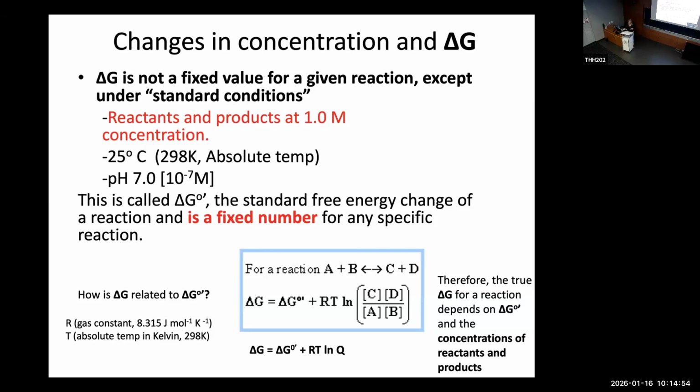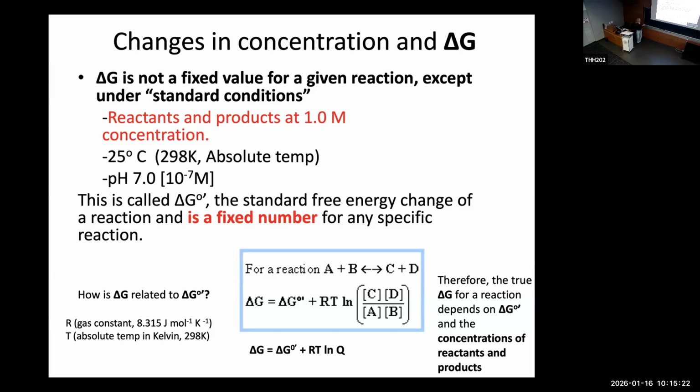So if you have all reactions given at this standard state, then you can calculate a delta G, and that's a defined number. That won't change. Okay, and so you can look those up for any particular reaction in a table. You can say, okay, I'm looking at this reaction. This is the delta G naught prime for that. And now you can compare reactions and favorability.